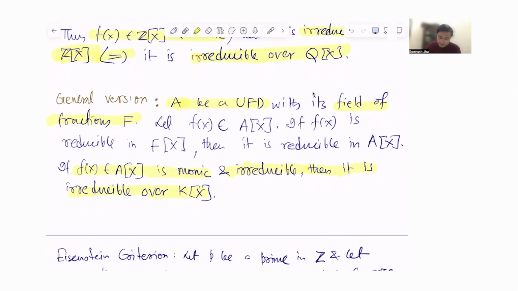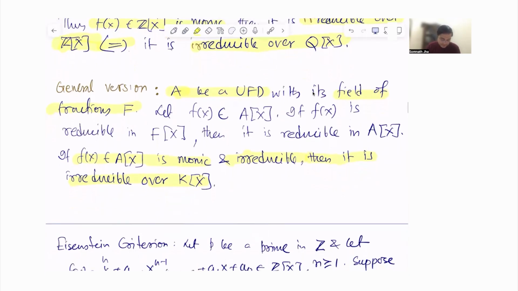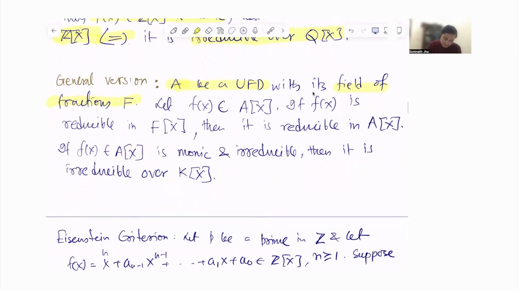So there is one more criterion of irreducibility which may be useful to us, and we discuss this now. This is called the Eisenstein criterion.